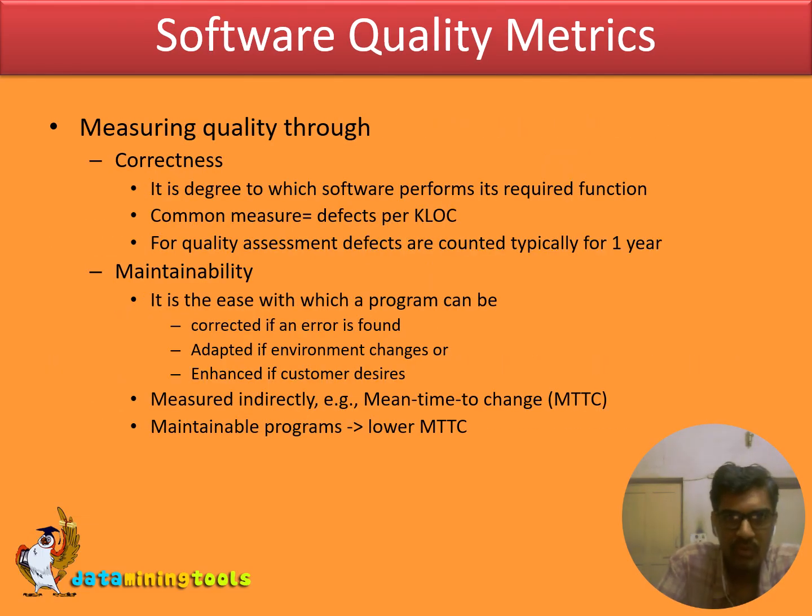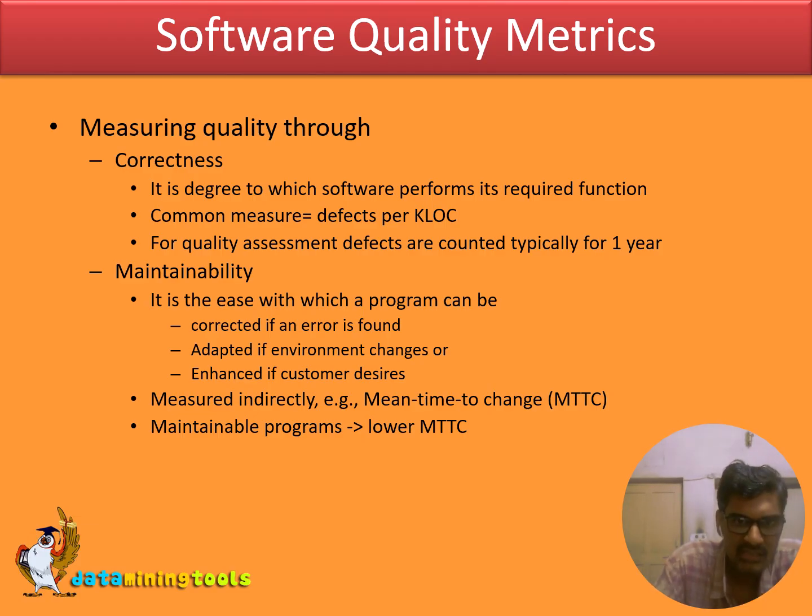Next, software quality metrics. For measuring quality, there are various categories. First is correctness. Correctness is the degree to which software performs its required function. For quality metrics, a defect can be defined as any problem or lack of conformance to requirements reported by the customer or user after delivery.